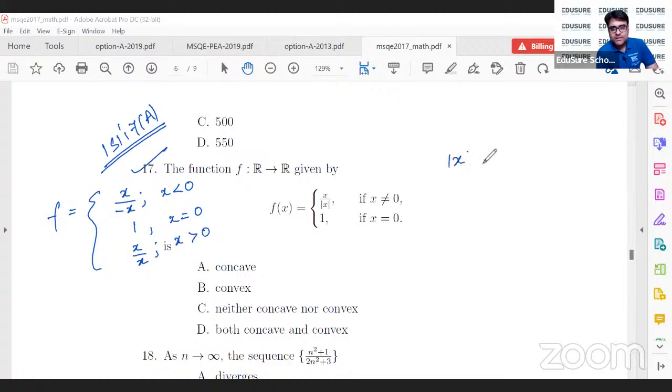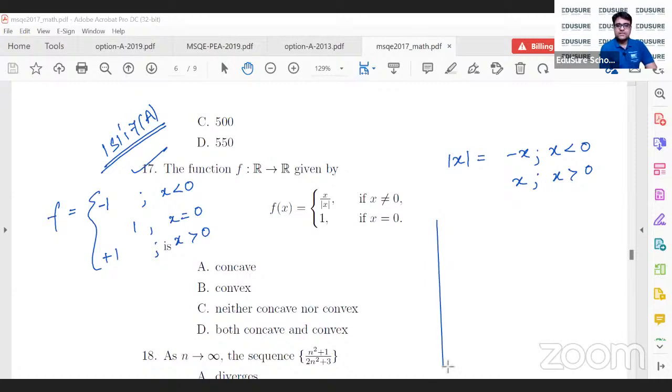Basically because mod x is equal to minus x when x is negative and x when x is positive. So this basically becomes -1, this basically becomes +1. So this is -1, this is +1, so how does it look? It will look something like this.